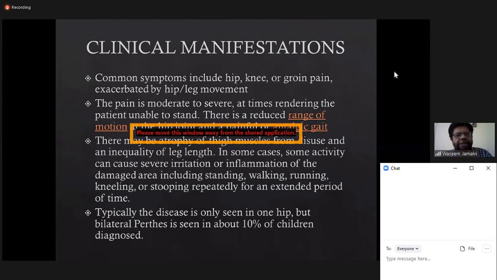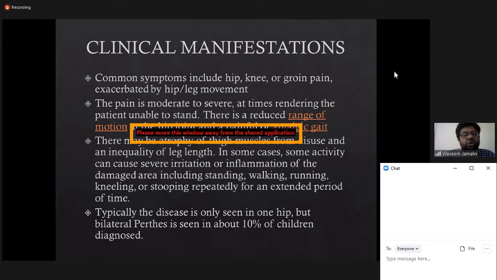And if there is no movement in the leg for a longer period, there is atrophy of the thigh muscle because of disuse atrophy, and simultaneously there may be leg length discrepancy as well. So these are the different presentations of the clinical manifestation of Legg-Calvé-Perthes disease.